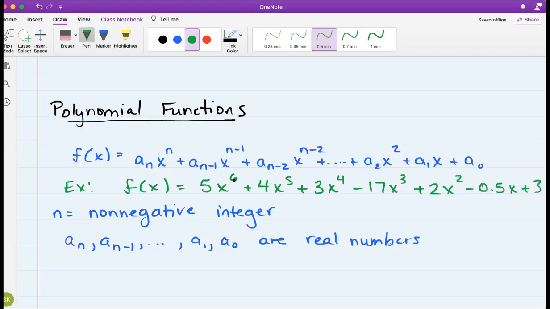So you can see what's happening here. I choose a non-negative integer, and this non-negative integer is 6, and we're going down a power, and we have some real numbers as the coefficients. This number n, the highest power, is also called the degree.